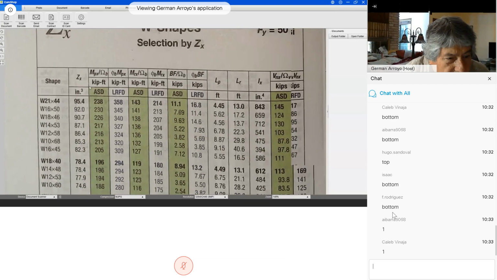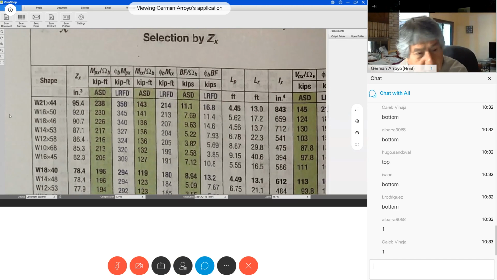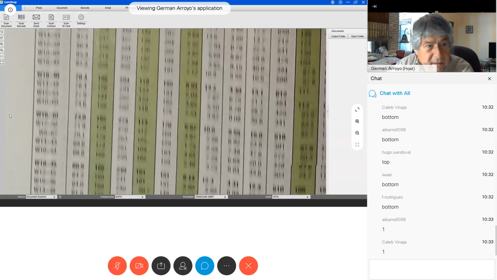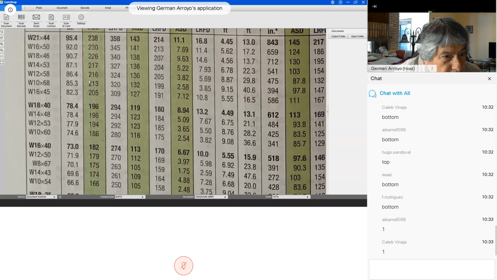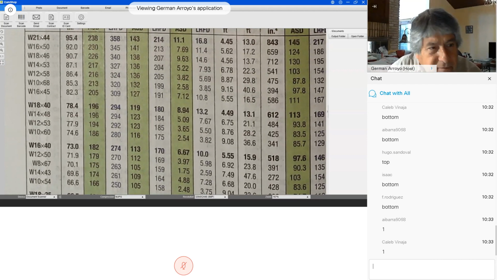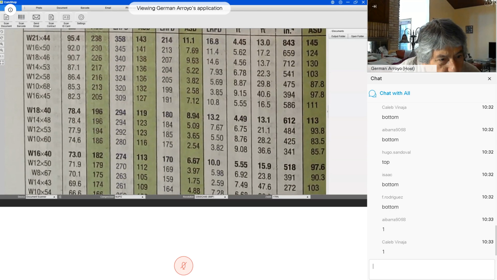Some of you that are familiar with this course, look, there are groups. There's a group in here. You can see that they have groups. This group in here, W21 by 44, W16 by 45. Look at these numbers. The one on the top that is bold face, real dark. Look at this number and tell me which one has the smaller weight.